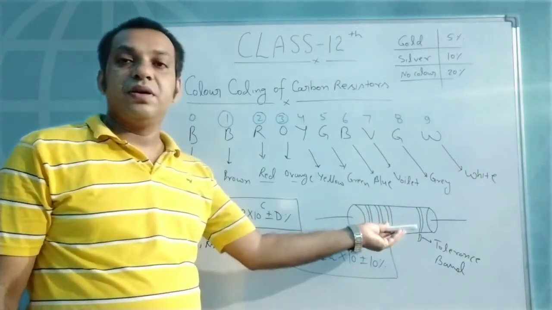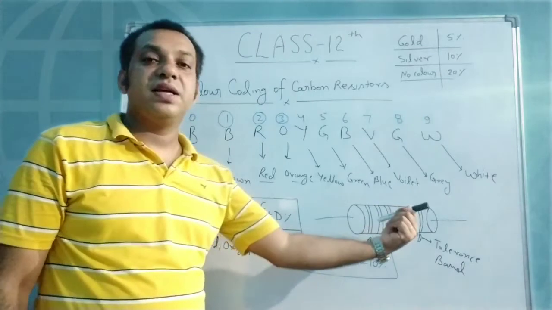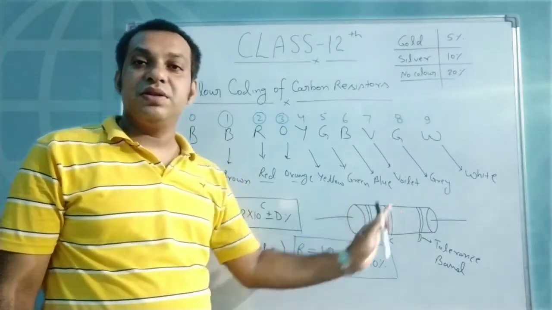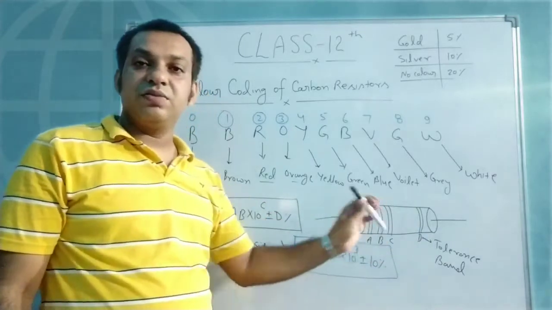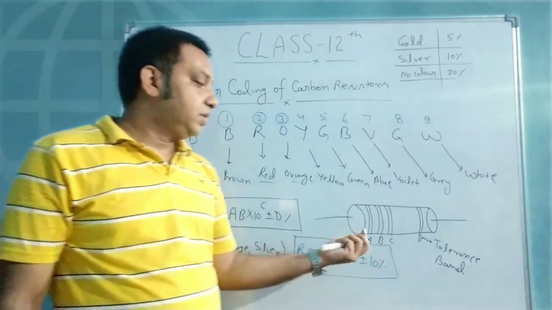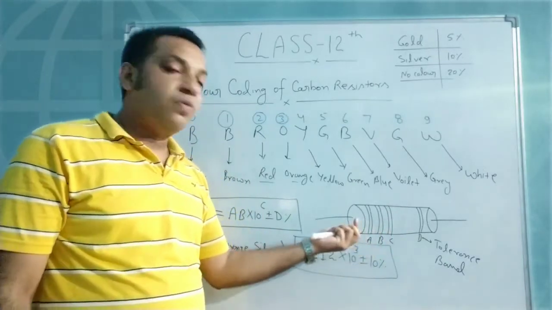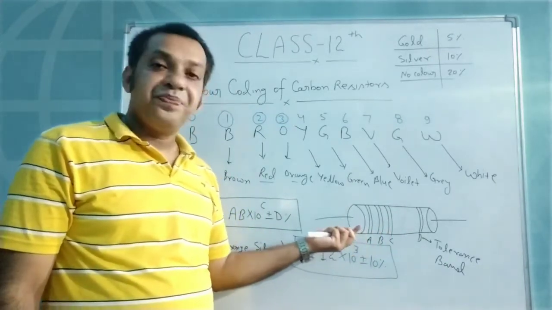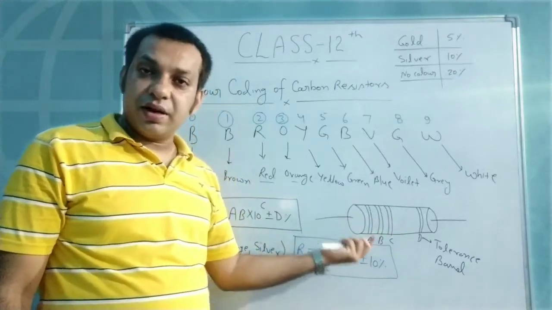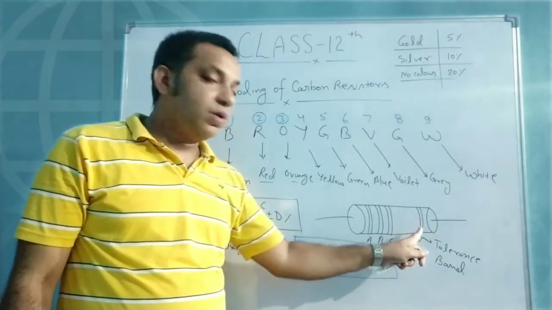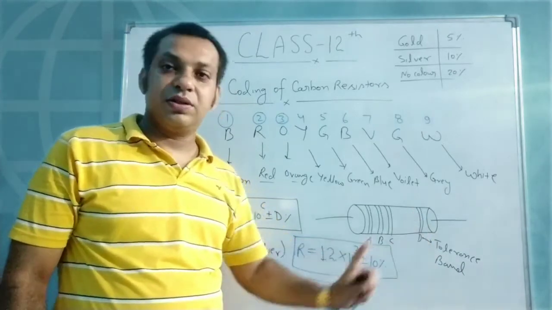Suppose this resistor is reversed like this one, then there is a problem whether they start from this A, B, C, D, whether D becomes A and this one C. The orientation of the color bands is very unique. One end has the 3 color rings very close, and one end has only one ring, either present or absent.